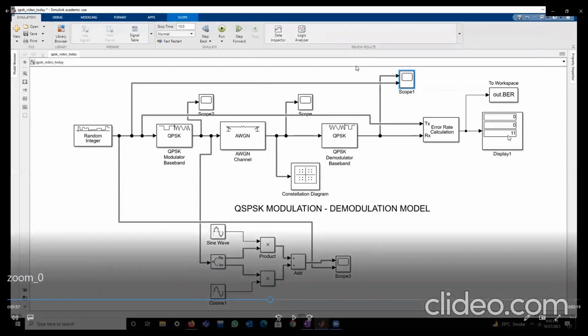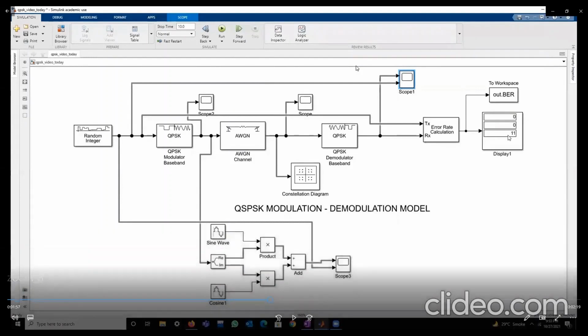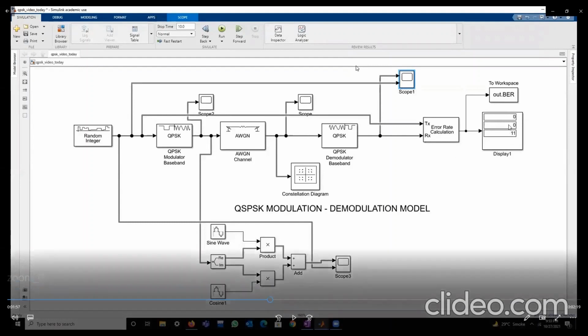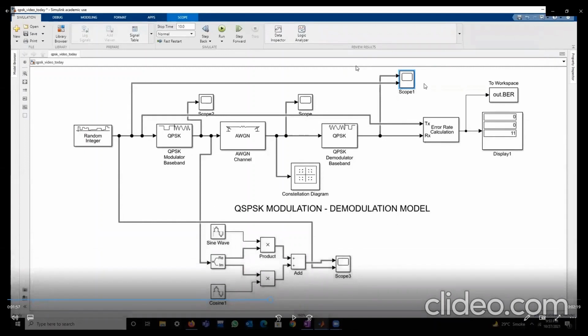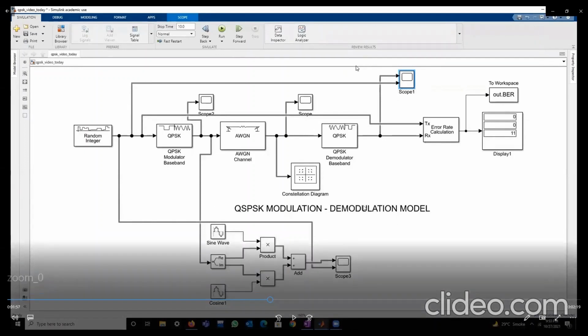And the third one is the total number of bits. So the formula for bit error rate is bit errors upon total number of bits. So 0 by 11 gives you 0. So this can be cross-verified as at the demodulator end, the waveform was an exact replica of the input.